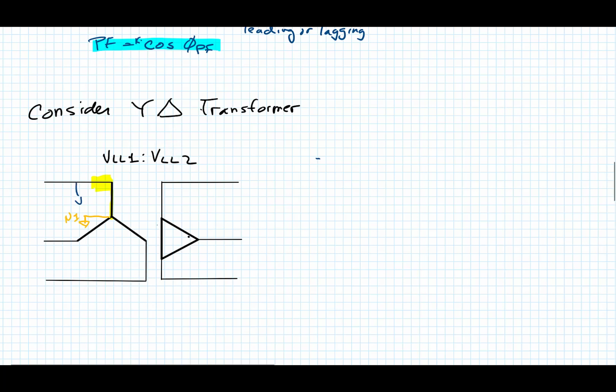Given the transformer has our line-to-line voltage quantity, usually given, and then that's a rating.